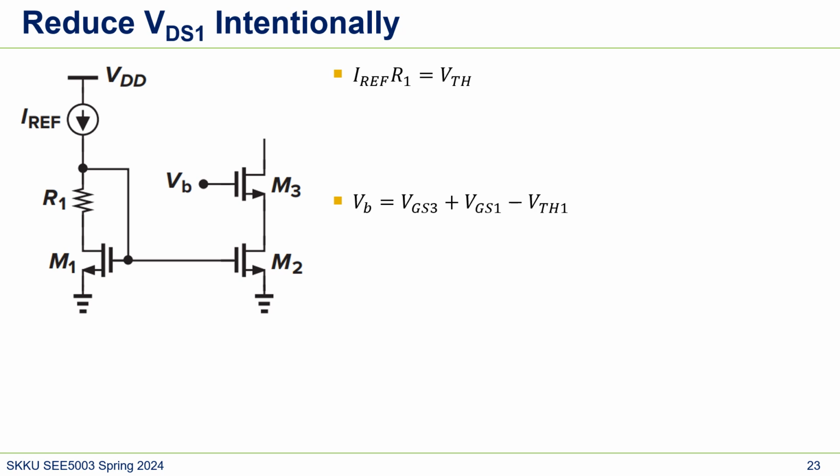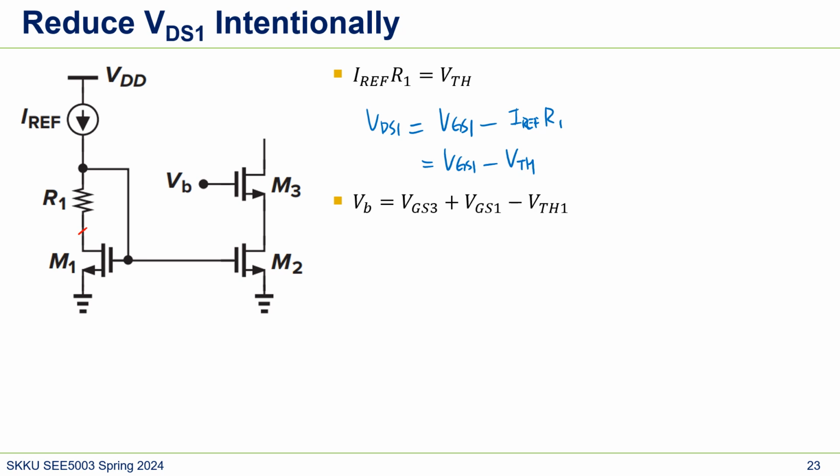So if this R1 and IREF meet this condition, then VDS1 would be, let me write it down in blue color, VGS1 minus IREF R1, which means VGS1 minus VTH. And this is what we want, right? Because this point is VGS1.